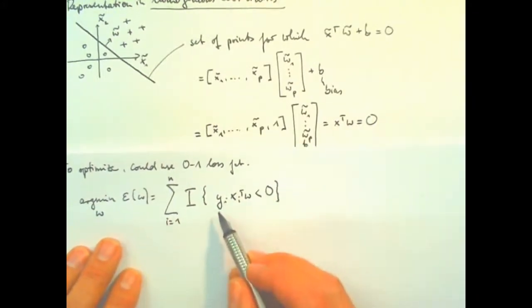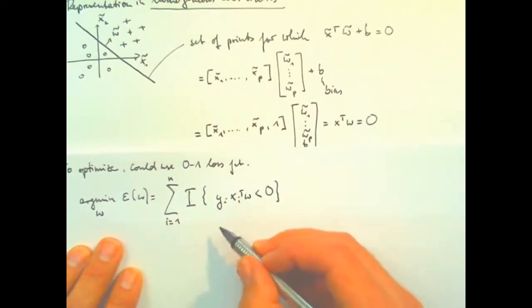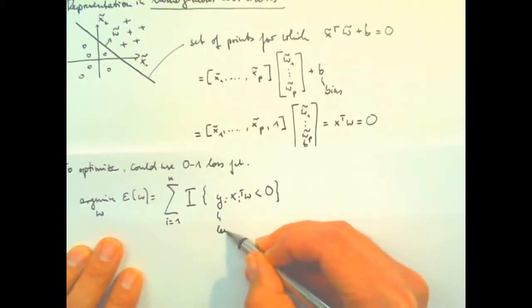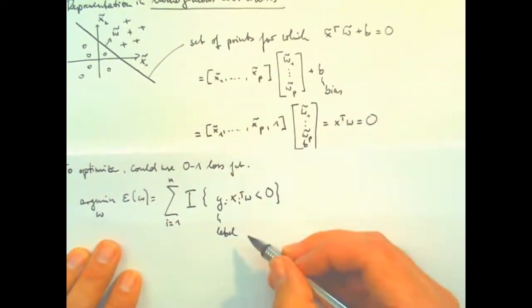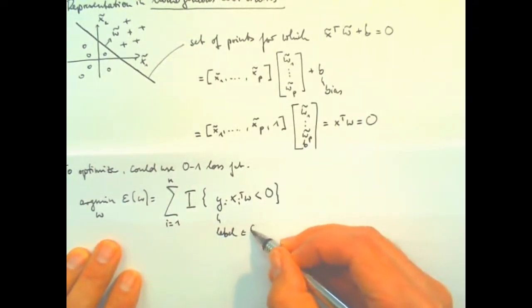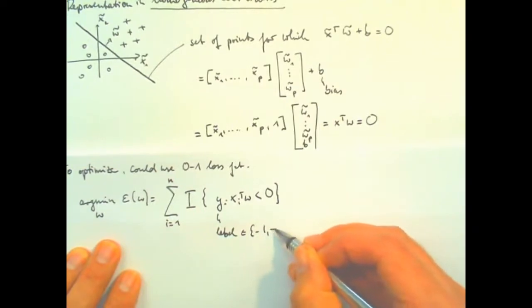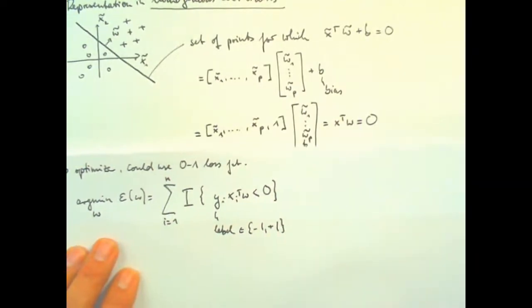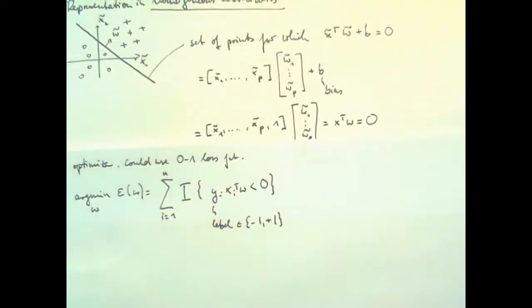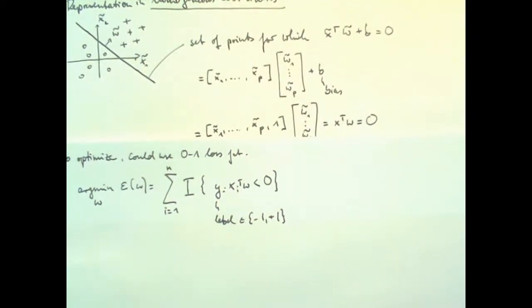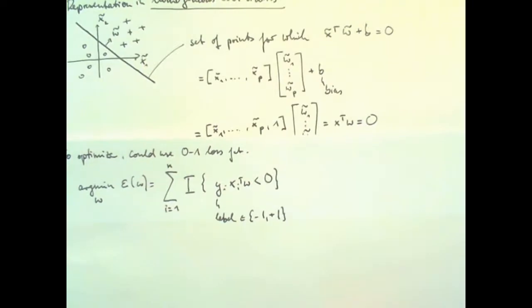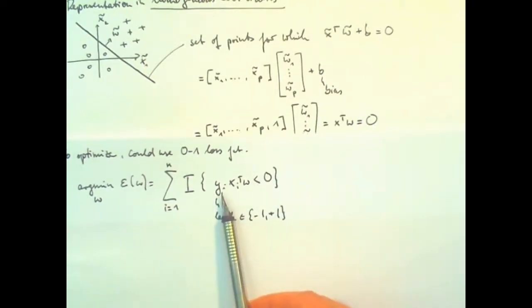Okay, and here I have multiplied with the true label. So this is the label of my sample number i, and I'm here assuming that the labels are either -1 or +1. And multiplying with the label here, that's a way of abbreviating the expression by looking at the two kinds of errors that I can have, because I'm working with two classes here.